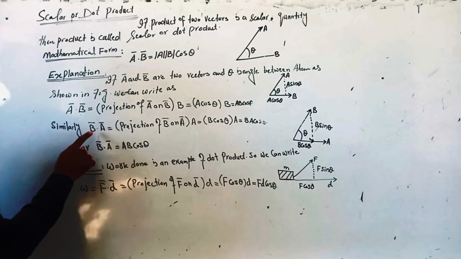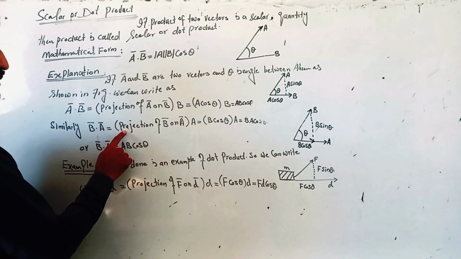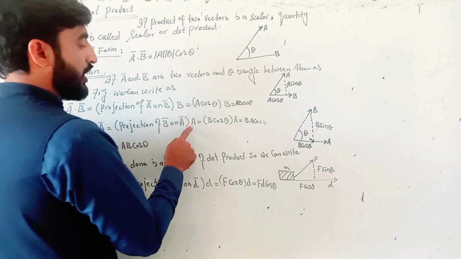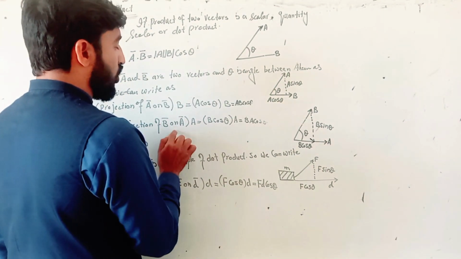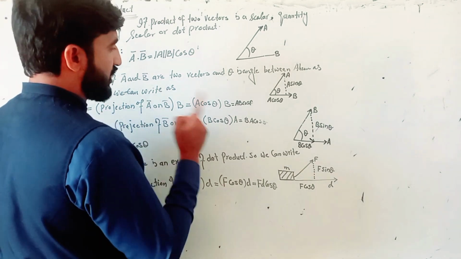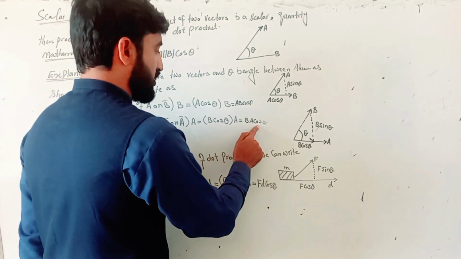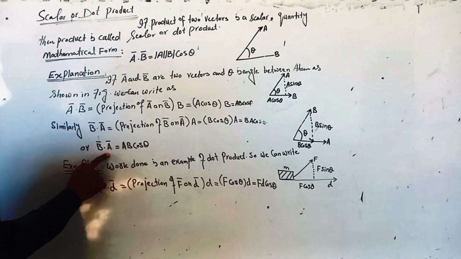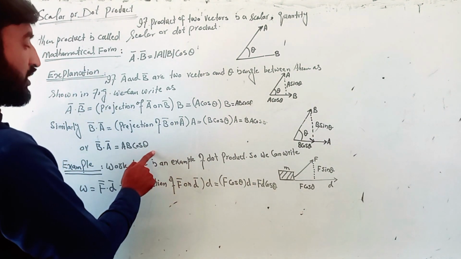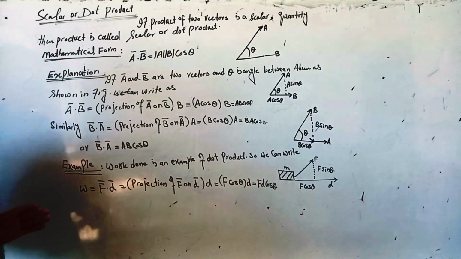B dot A is the projection of B on A into A. The component of B in the direction of vector A is B cos theta, into A. It becomes BA cos theta, or simply we can write AB cos theta.